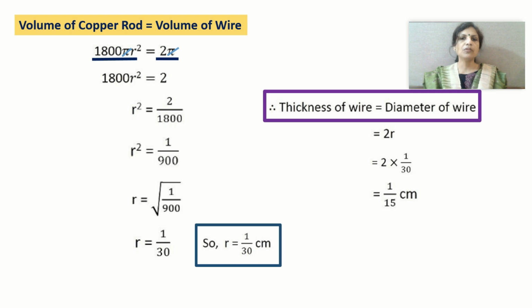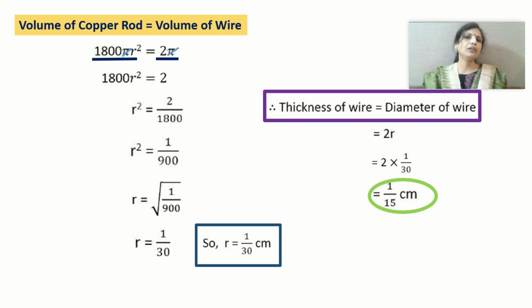So let's substitute the value of r here. 2 into 1 upon 30, so that is equal to 1 upon 15 centimeter, and this is the thickness of the wire. So easy sum, we have calculated the thickness of the wire, that has come equal to 1 upon 15 centimeter. Alright, so easy sum, not very difficult, you can easily do it. Let's move on to the next sum.